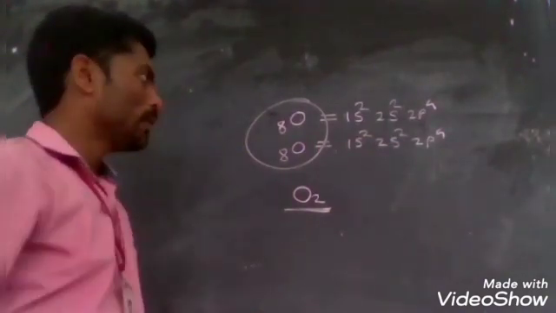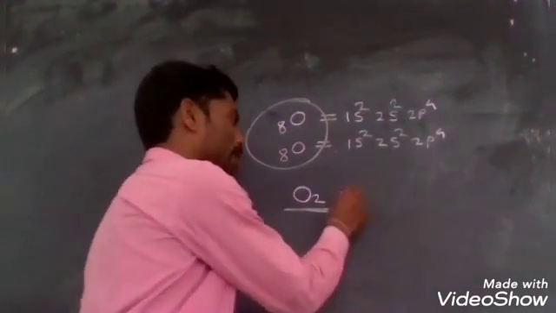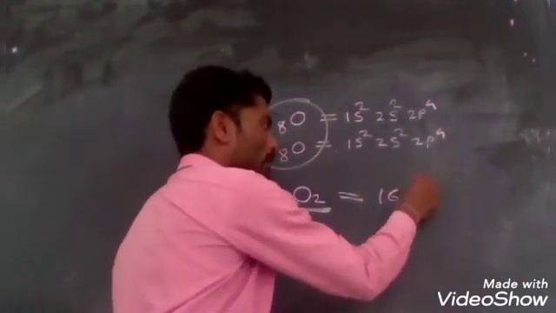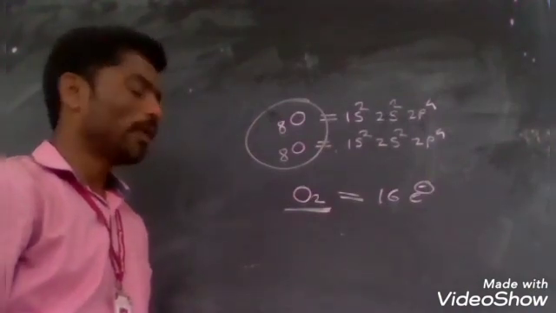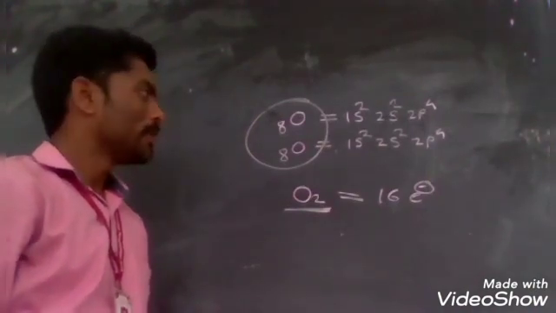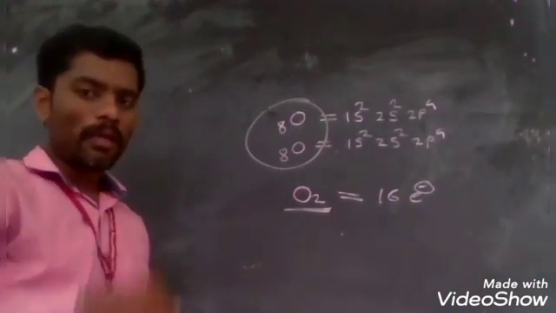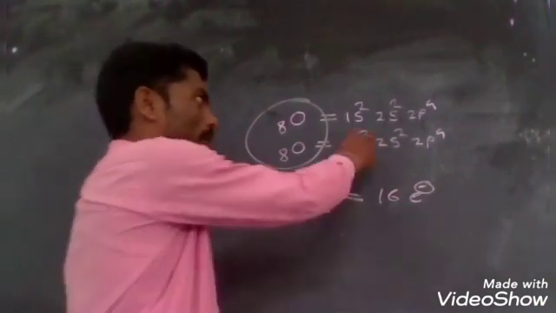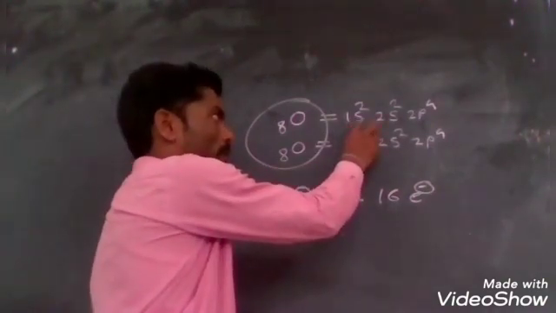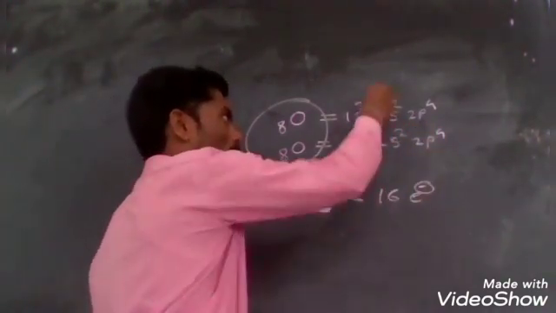This oxygen molecule contains a total of 16 electrons. This is the electronic configuration for oxygen atom: 1s2, 2s2, 2p4.